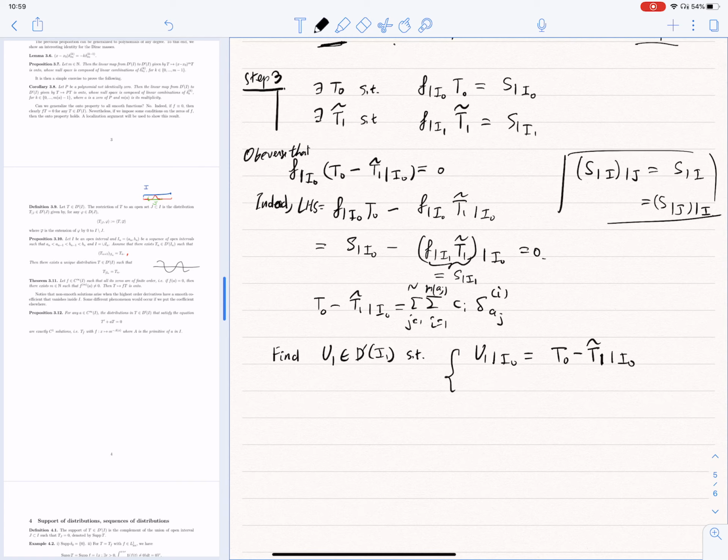And also we would like to have that U1 f restricted to I1 is equal to 0.